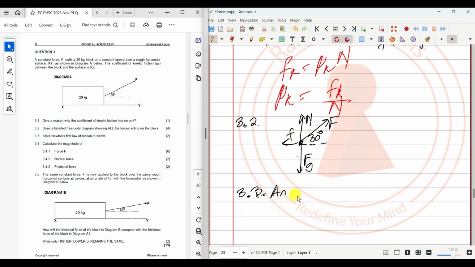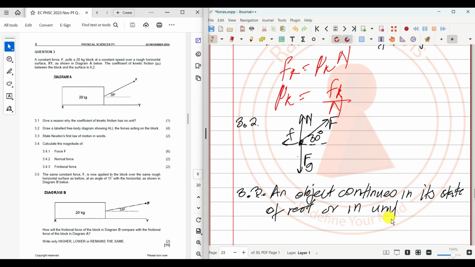An object continues in its state of rest or in uniform motion unless acted upon by a non-zero net force.